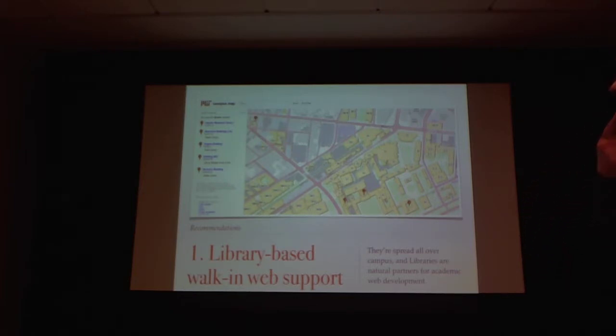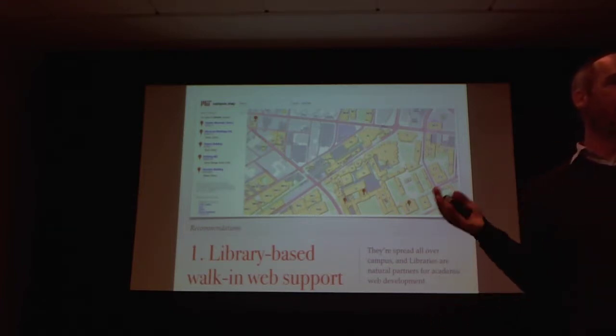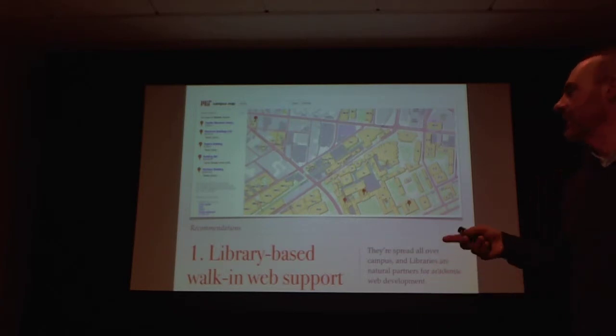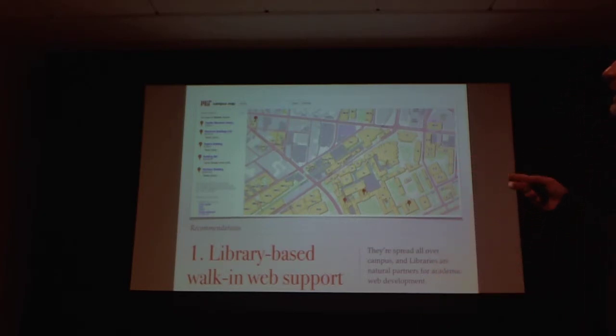So these are my miscellaneous suggestions for improving academic development. I think we should get development out of IT and try to engage libraries. They're all over for walk-in support. So to get web help, just go to the libraries.